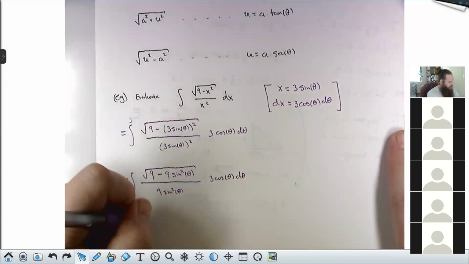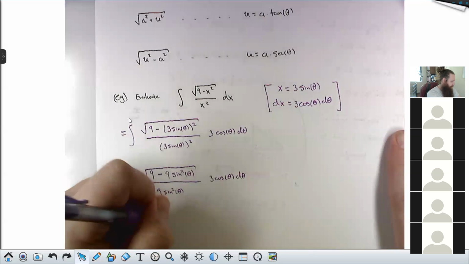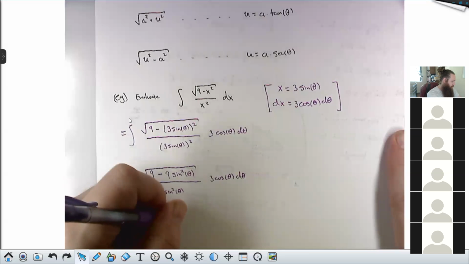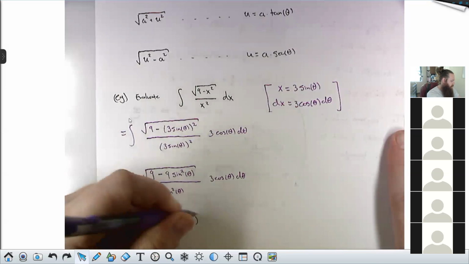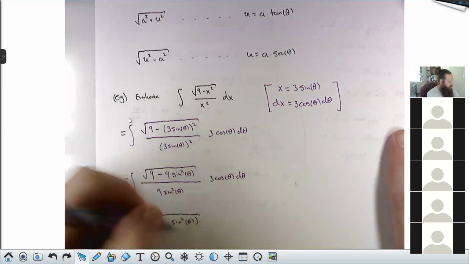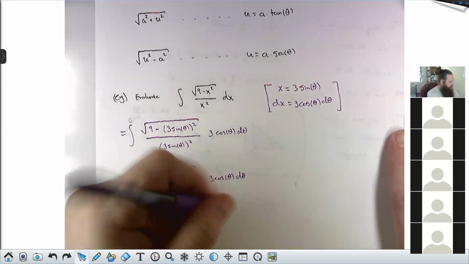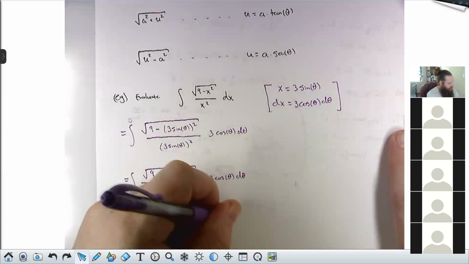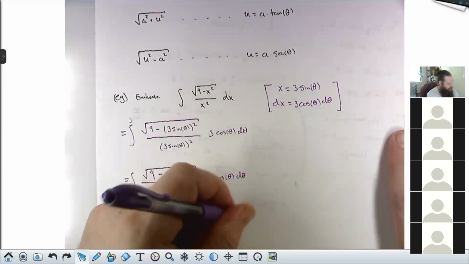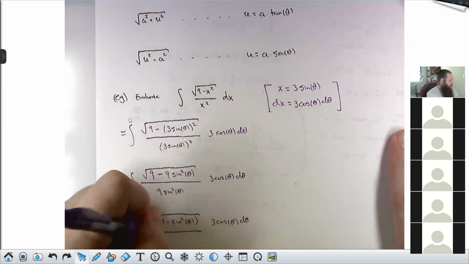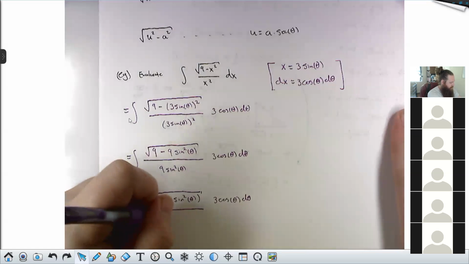I can factor a 9 under that radical. And I have 1 minus sine squared theta. The 3 cos theta is still chilling over here, next to the d theta. Downstairs here is still a 9 sine squared theta.